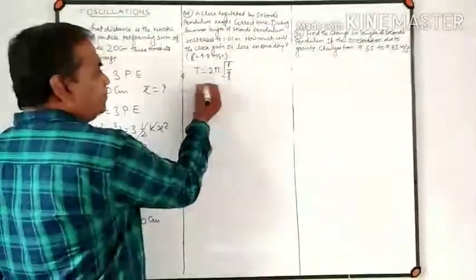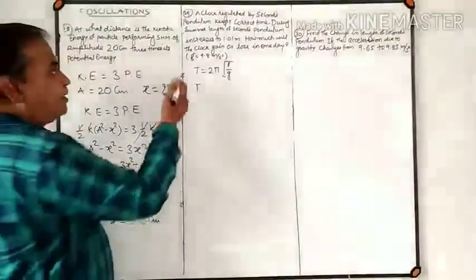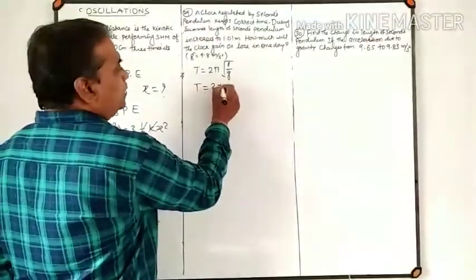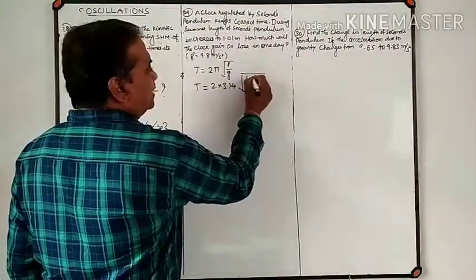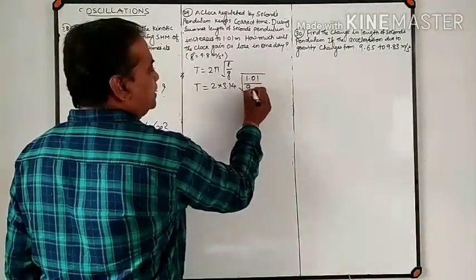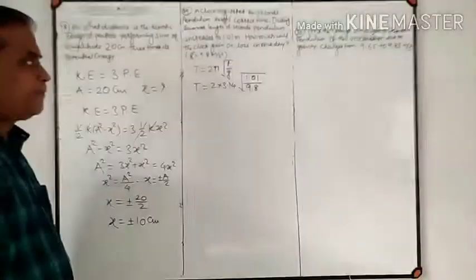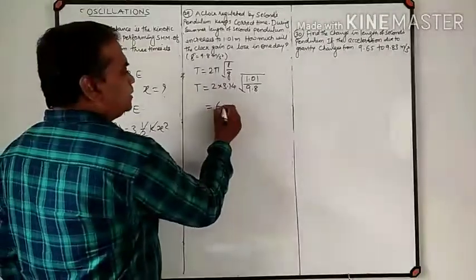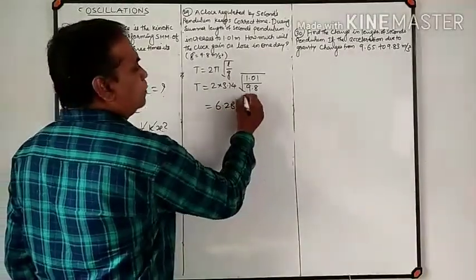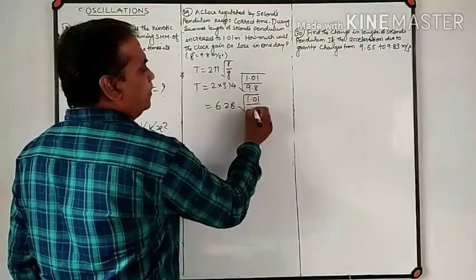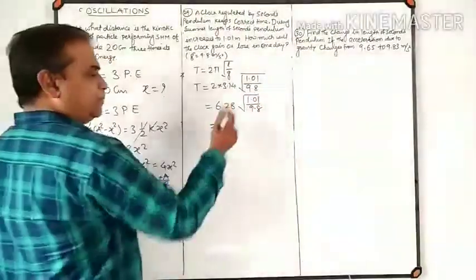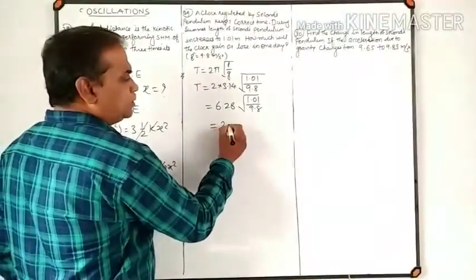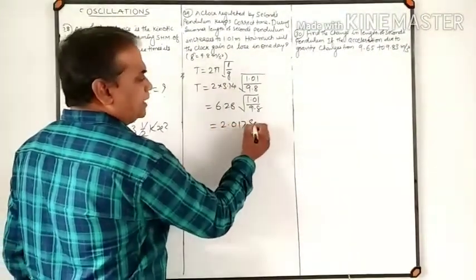So the new time period of the seconds pendulum during the summer is 2 into 3.14 into under root of 1.01 upon g, which is 9.8, equal to 6.28 into under root of 1.01 upon 9.8. If you calculate this, it is quite a simple calculation, it comes to 2.017 seconds.